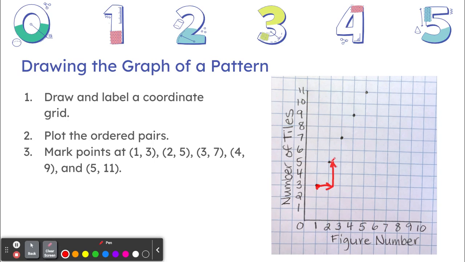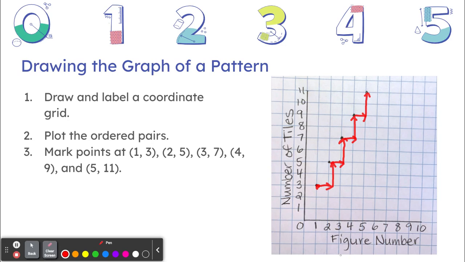And take a moment right now to think about our different pattern rules that we had for our input and our output, and think about how these might relate to the way our points move relative to each other when we graph this pattern.